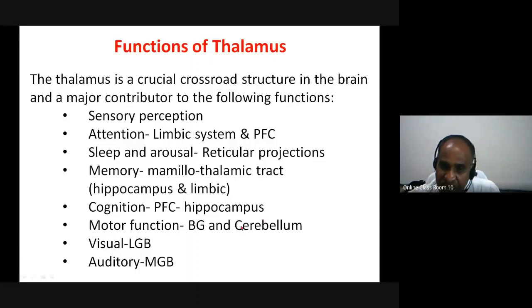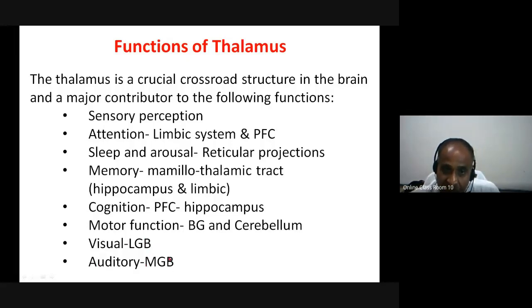Similarly, the lateral part of the cerebellum is connected with the premotor area, and that is also a cortico-cerebellar, thalamic, and cortical projection. It performs the visual functions through the lateral geniculate body. This is the part of the thalamus dedicated for the visual relay.